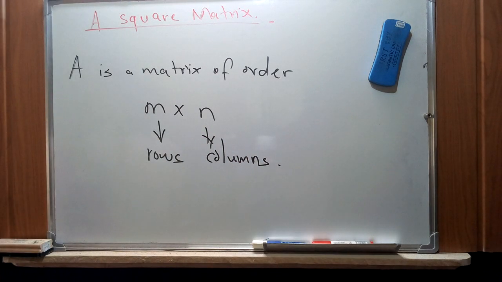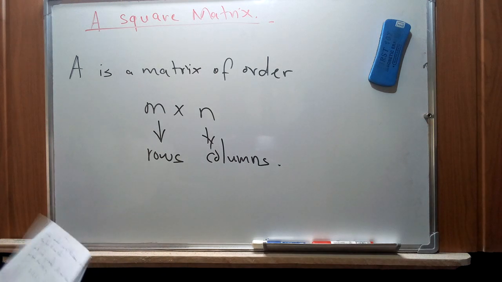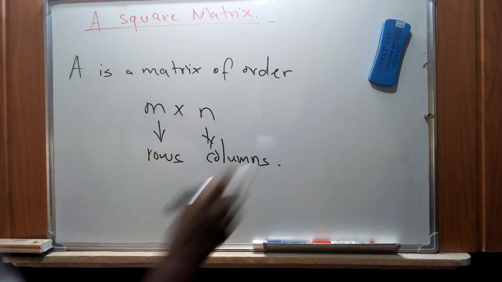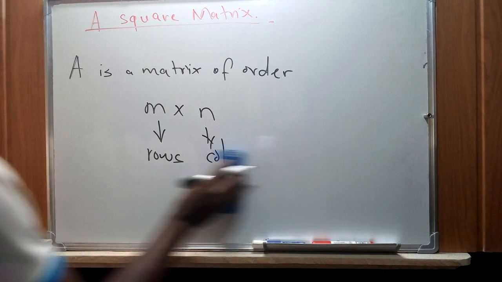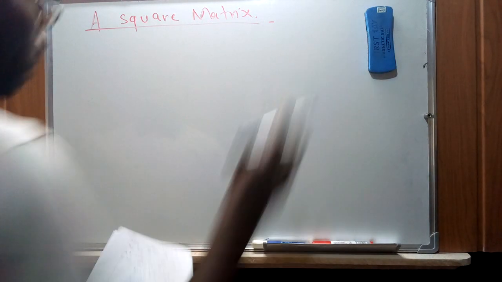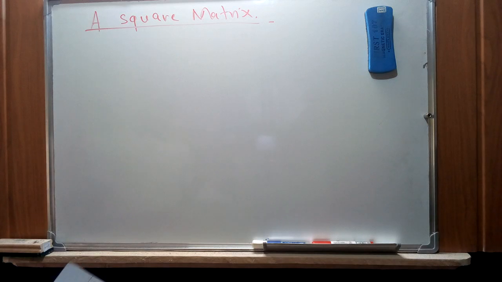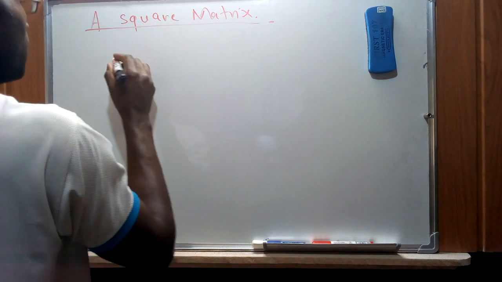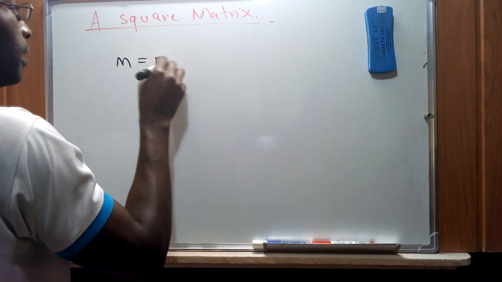That one said and done. Therefore, there is a particular kind of matrices referred to as square matrices. A square matrix, as I have said, is a matrix with the same number of rows and columns, which means m is equal to n.